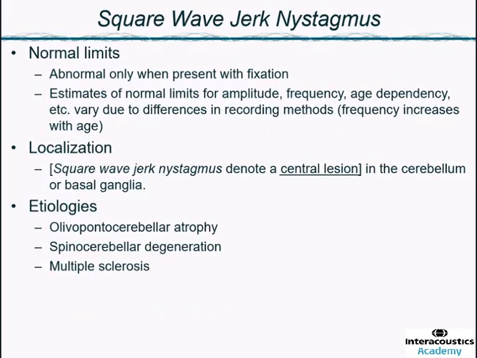If you do have significant square wave jerks, it is definitely a central lesion, and it usually implicates the cerebellum or the basal ganglia. Most of the etiologies that cause this are neurodegenerative diseases like multiple sclerosis or spinocerebellar degeneration.